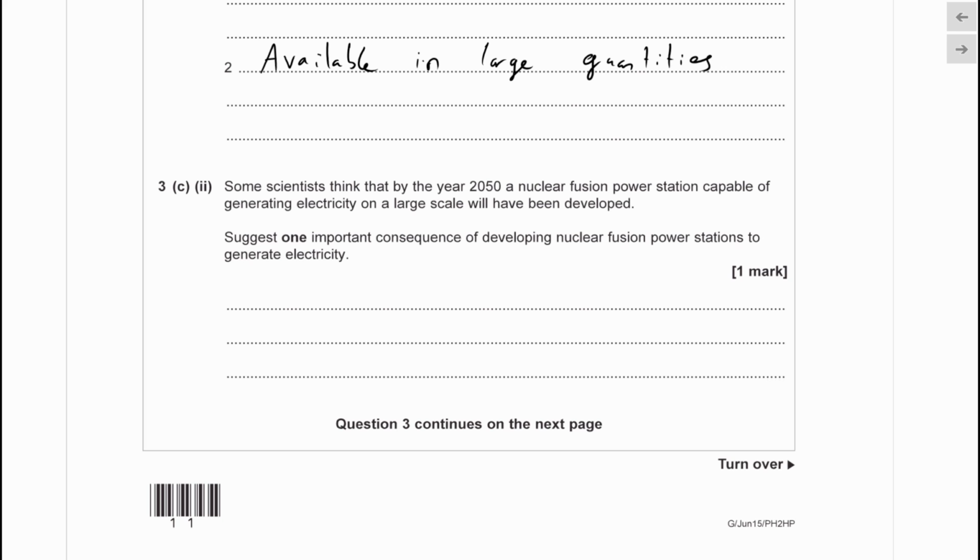It's only a 1-mark question, but if we could produce energy from nuclear fusion, and the fuel for fusion was available in seawater, that means we've now got a massively abundant supply of energy. Obviously, you hear on the news all the time that the supplies of energy are going down and down in terms of fossil fuels and everything else. And so that would be a really good thing. So it would allow more electricity to be generated.